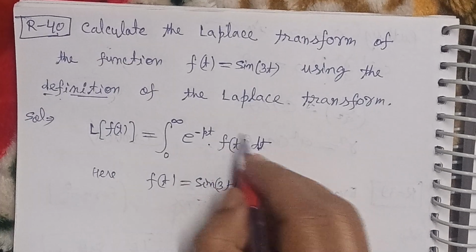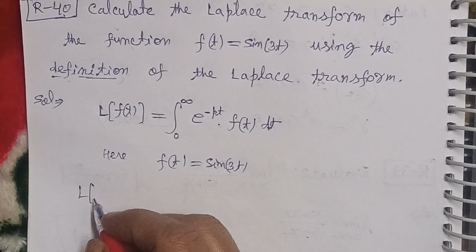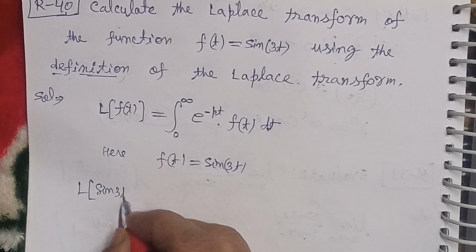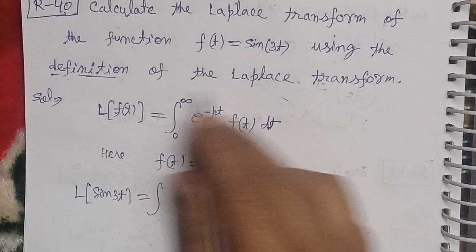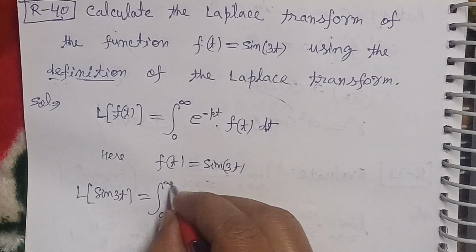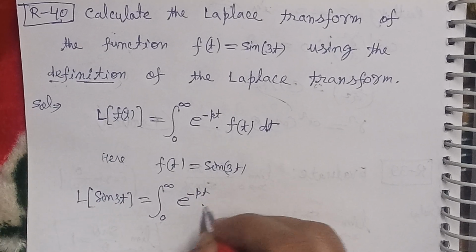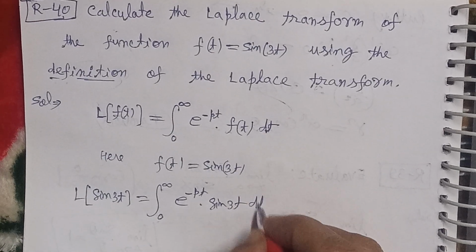So I put this value here. The Laplace of sine 3t: I put the value of f(t) on both sides in the definition of Laplace transform, integral 0 to infinity e to the power minus pt into sine of 3t dt.